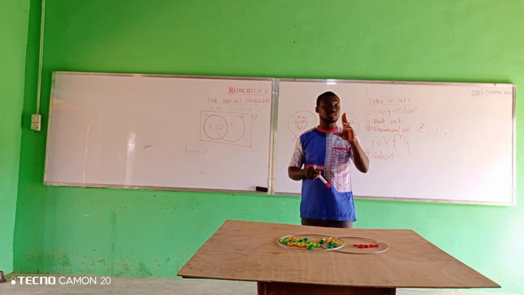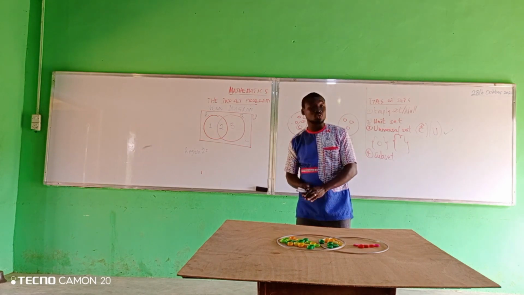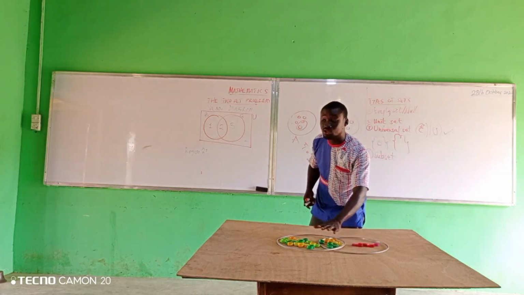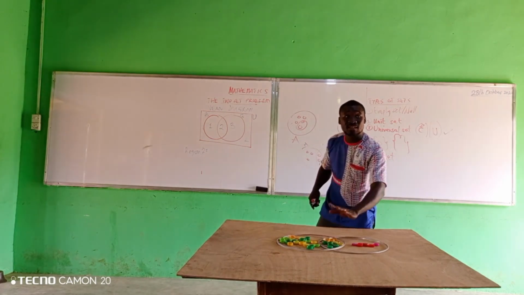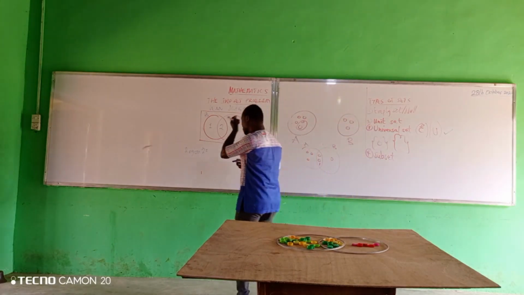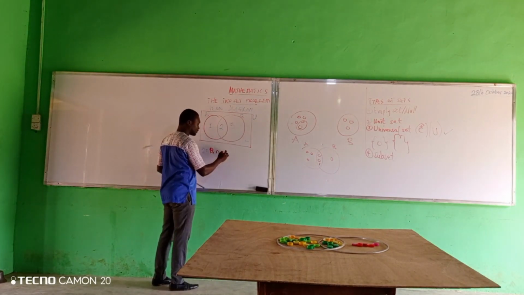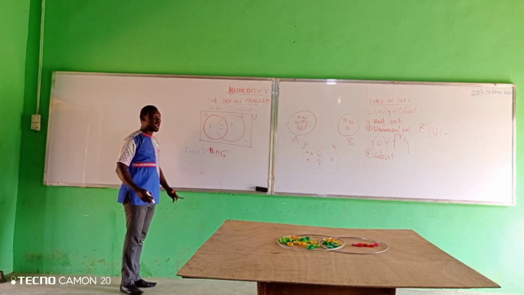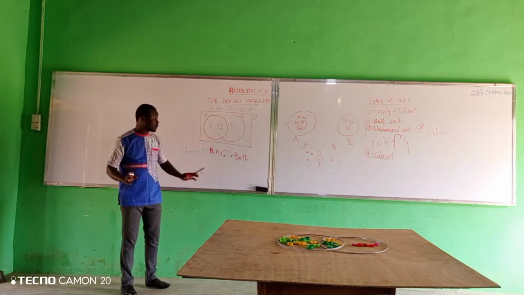Yes, something that is common to the set of boys and to the set of girls. Something common. So it means the intersection, true or false? Are you sure? So region 2 is B intersection G, and it stands for both.